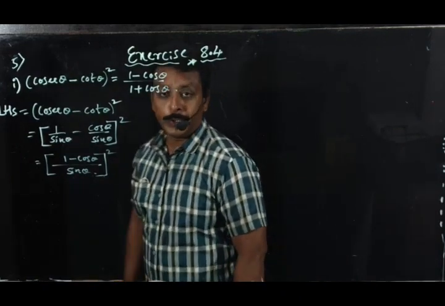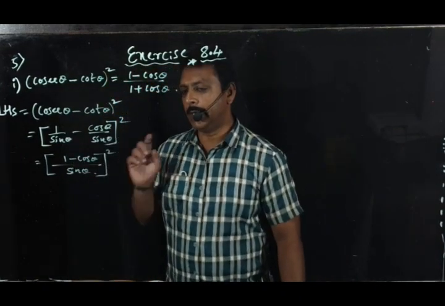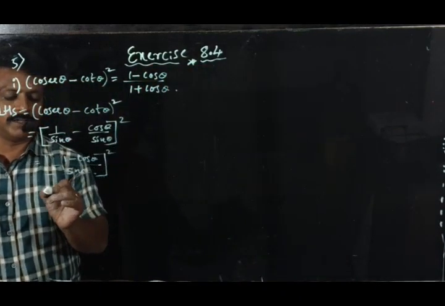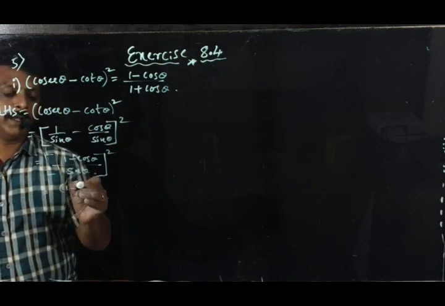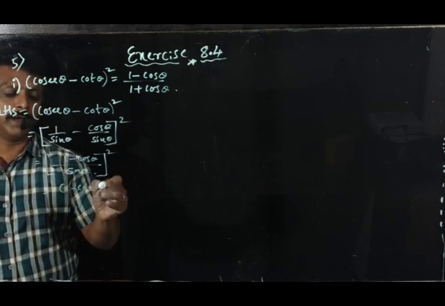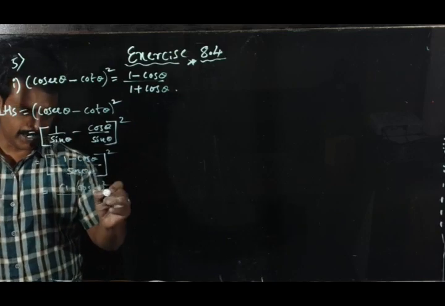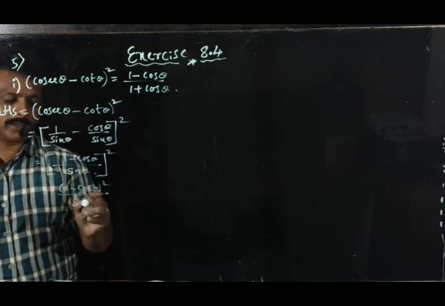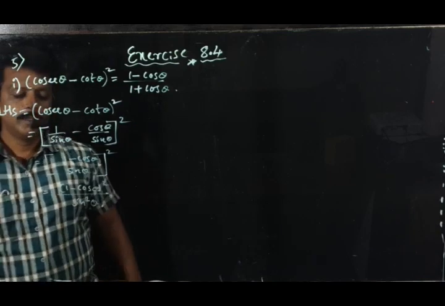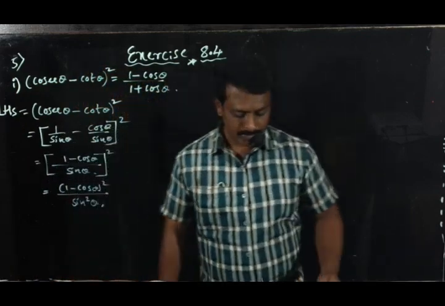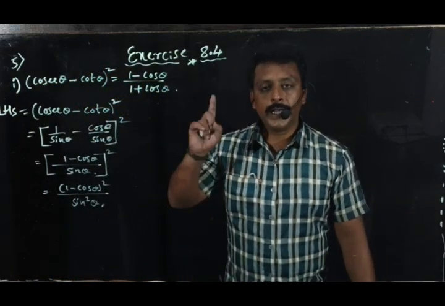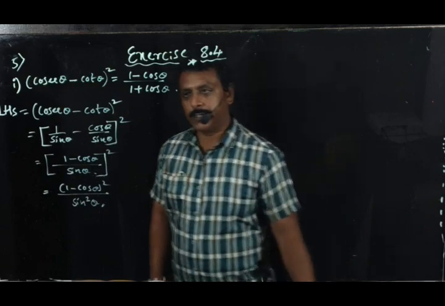I am separating the numerator bracket square and the denominator bracket square. Then we will get 1 minus cos theta whole square divided by sine square theta. The identity for sine square theta is 1 minus cos square theta.